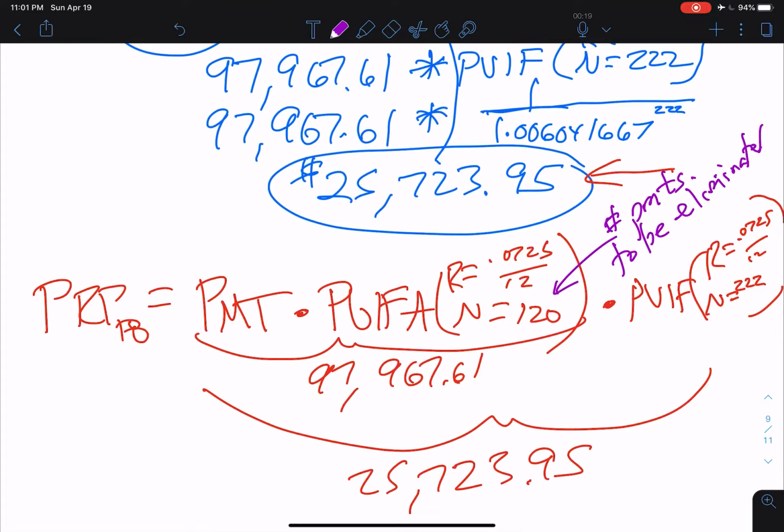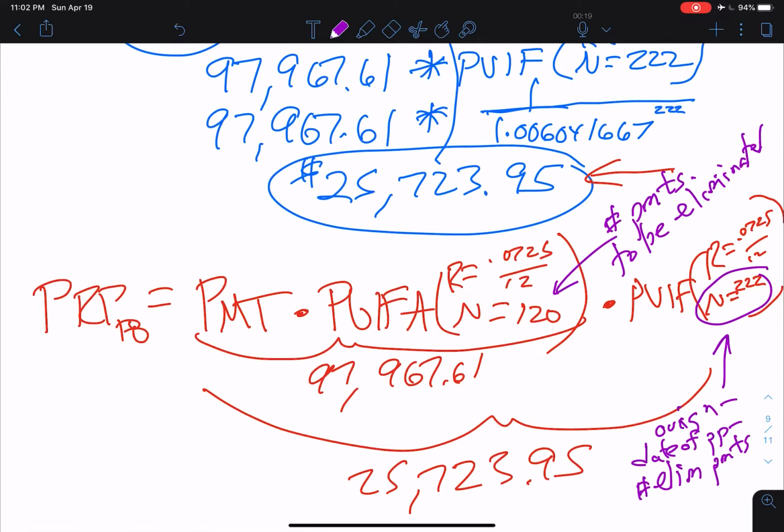And I also want to make note that this N here in the PVIF was equal to the original N minus the date of prepayment, PP, minus the number of eliminated payments.